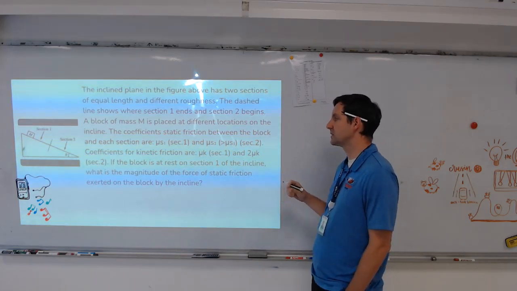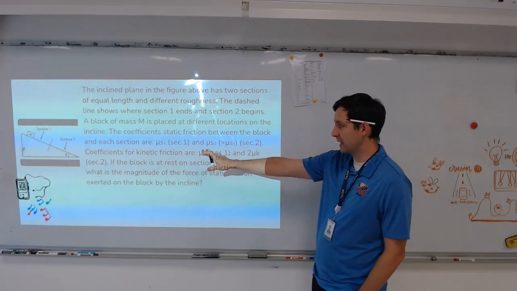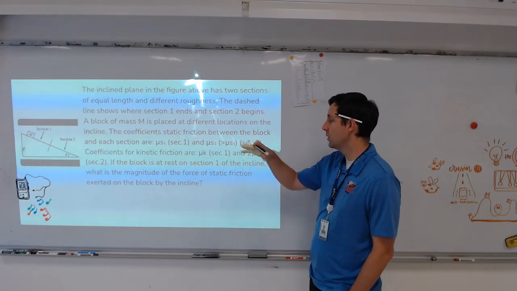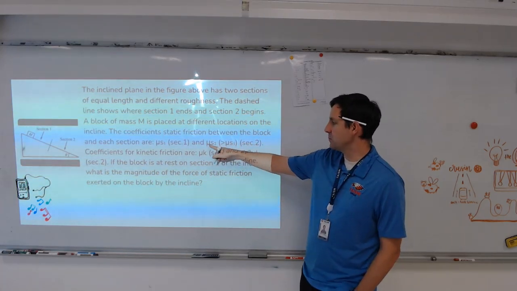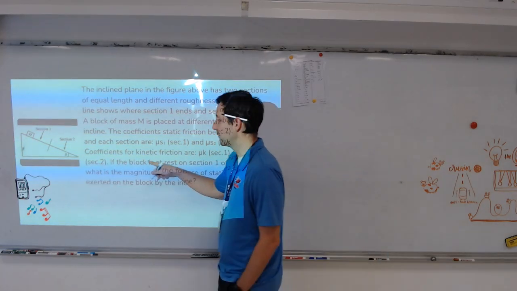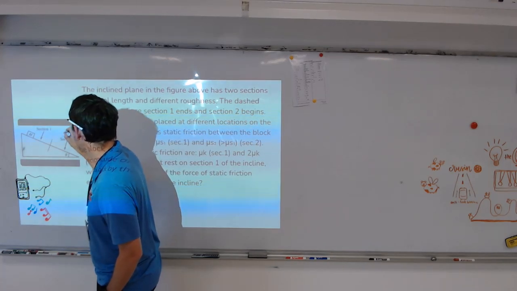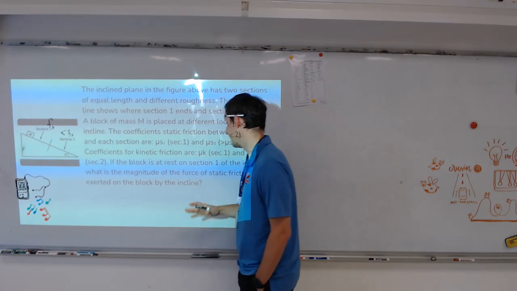The coefficients of static friction between the block and each section are mu s1 for section 1 and mu s2 for section 2. All right? It does say that mu s2 is greater than mu s1. So the friction in section 2 is greater than the friction in section 1, at least the static friction.